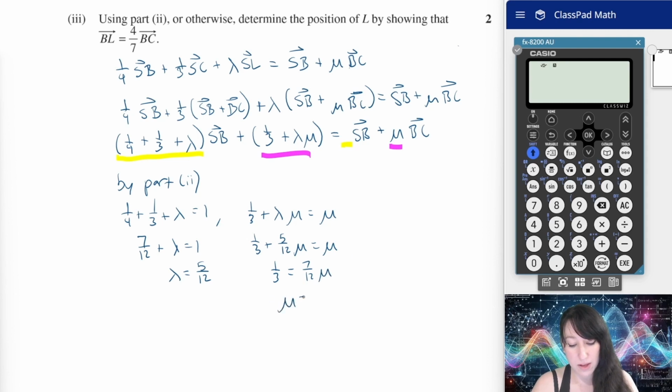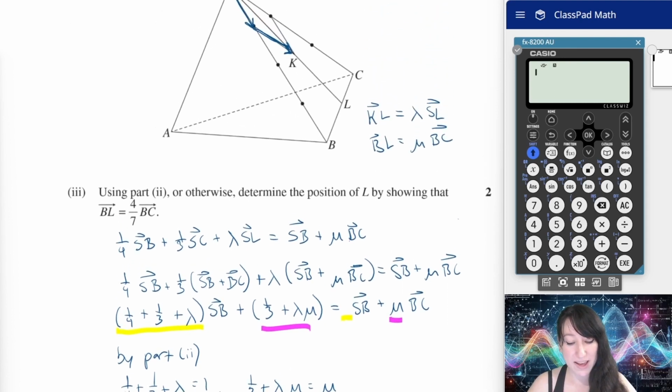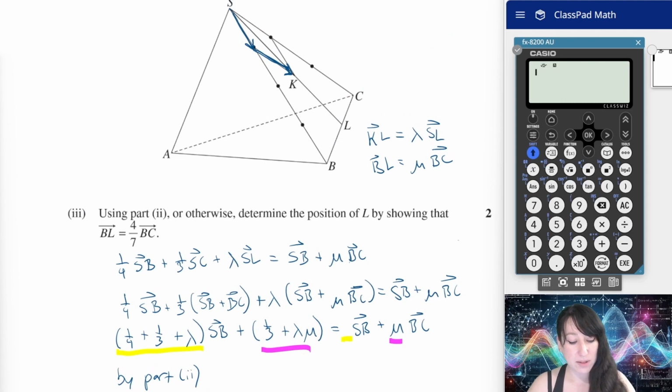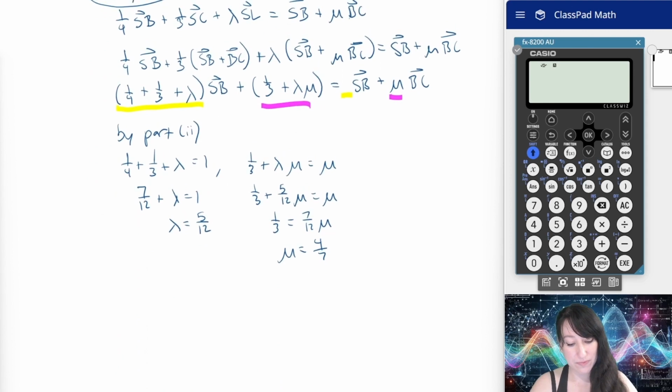So mu equals 4/7. Now, what was mu? If we look back, we wrote BL is mu times BC. And we were trying to show what scalar factor BL is of BC. And we found that that is 4/7.